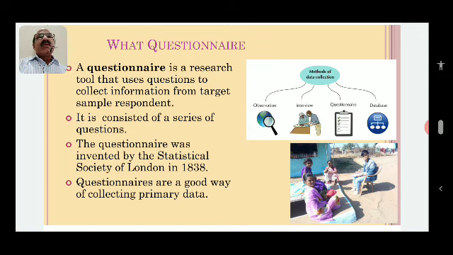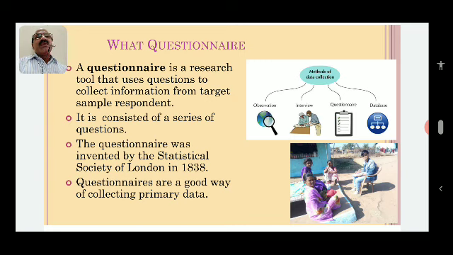Questionnaire, what is it? It's a research tool that is used to collect information from respondents. The respondents are selected by the scholar or the researcher on the basis of the objectives, what the scholar or the researcher wants to know.